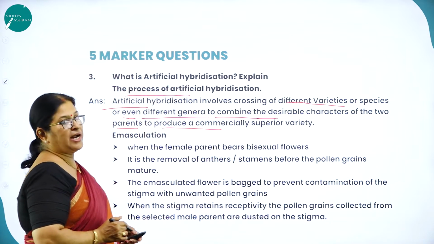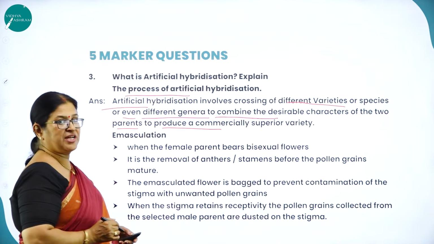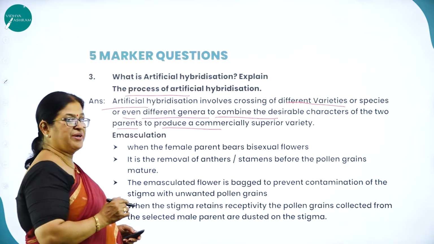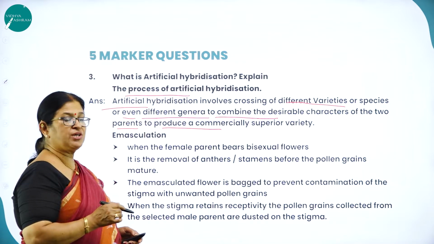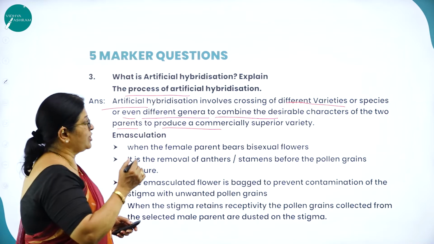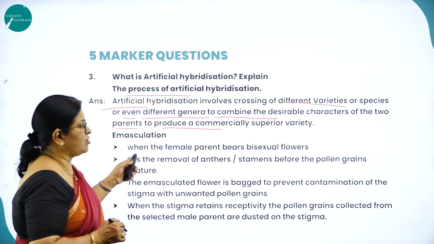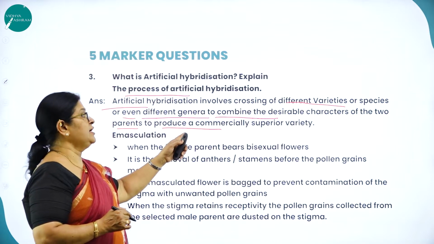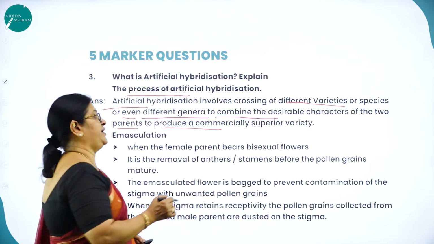So what is artificial hybridization? Artificial hybridization involves crossing of different varieties or species or even different genera to combine the desirable characters of the two parents to produce a commercially superior variety.